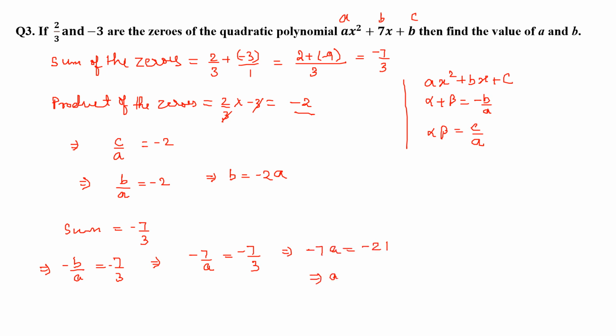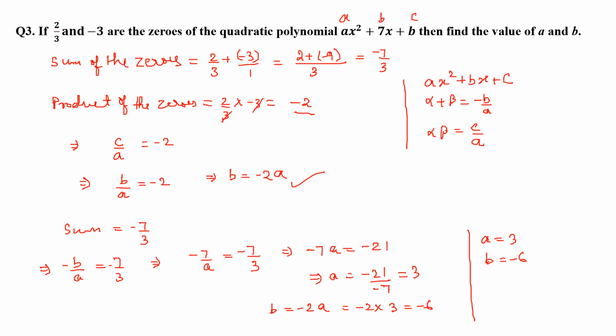From here I will get the value of a as minus 21 divided by minus 7, which will give me a as 3. And we already know that b equal to minus 2a, isn't it? Now put the value of a here. So minus 2 into 3, which will give me minus 6.